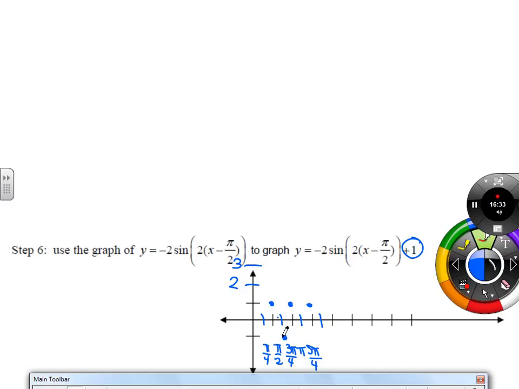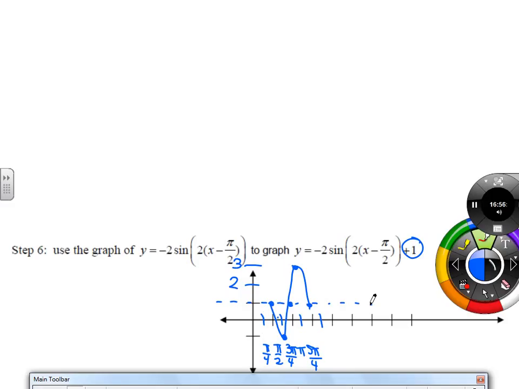And between these 2 points, because of the reflection and everything, was our maximum, 2 units above the axis. So it used to be here, but we got shifted up 1, so now it's up here. So it's the same wave you drew the time before, except for now it appears that the axis is like right there. That's the shift that happened.